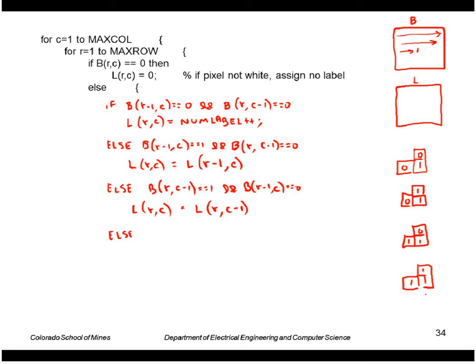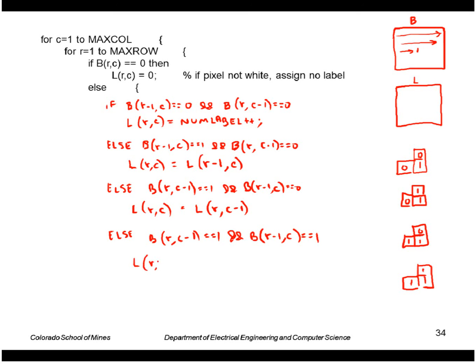So finally is the difficult case, where I'm at a 1, but the point above and the point left are both 1s. In this case, I have to pick one or the other of the labels. And unfortunately, it's possible that the two label numbers could be different. In which case, I'll just pick one arbitrarily.